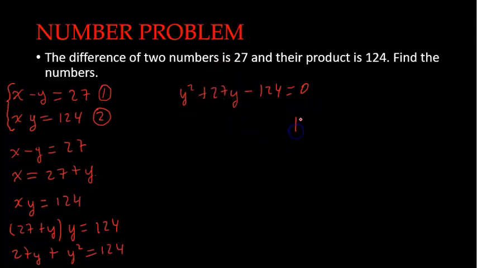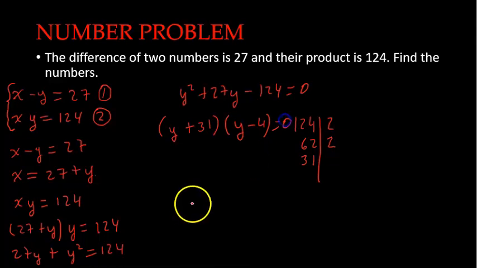So I'm going to use prime factors to factor 124. 124 divided by 2 is 62. 62 times 2 is 124, but the difference is not 27. So divide 62 by 2, that is 31. 31 times 4 is 124, and the difference is 27. So the factors are y plus 31 times y minus 4 equals 0.